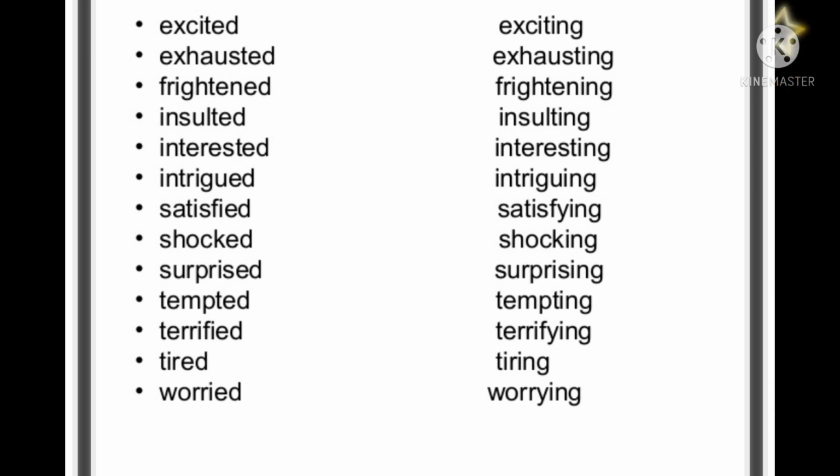I'm frightened, as a complement in a sentence. That means in certain sentences there will not be an object. Those sentences which have be forms as the main verb will have a complement. So all these complements are adjectives, and the participle forms are used here.